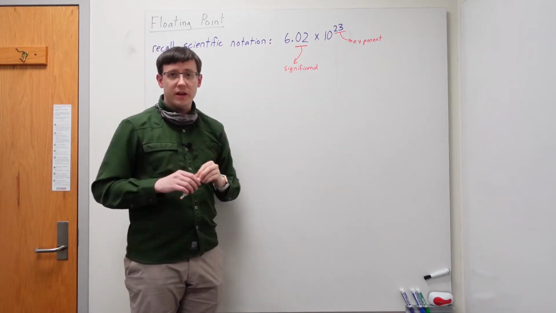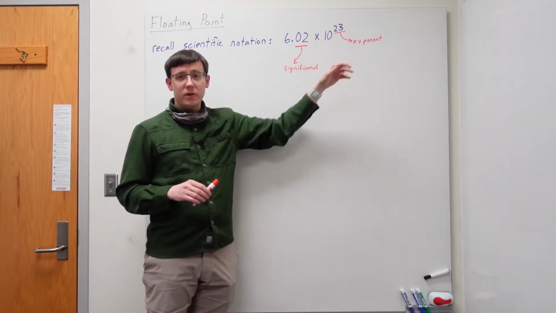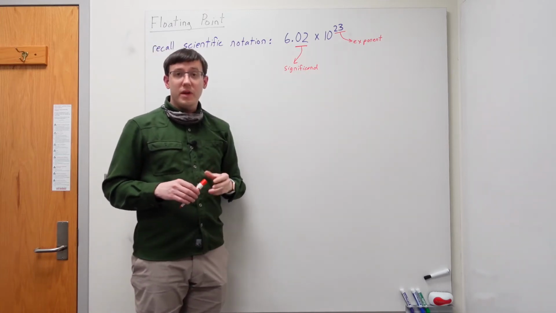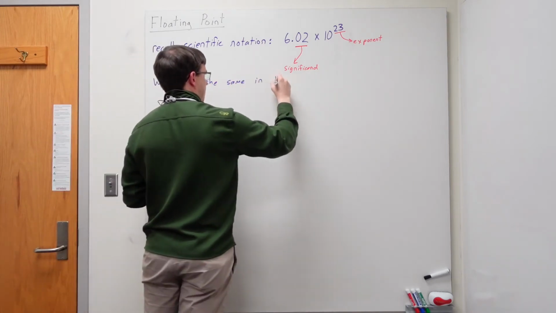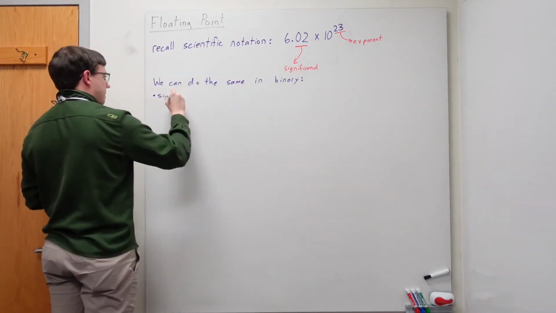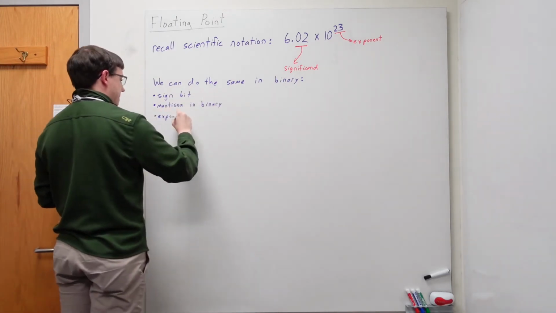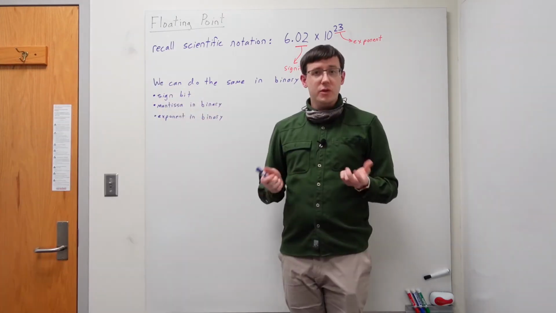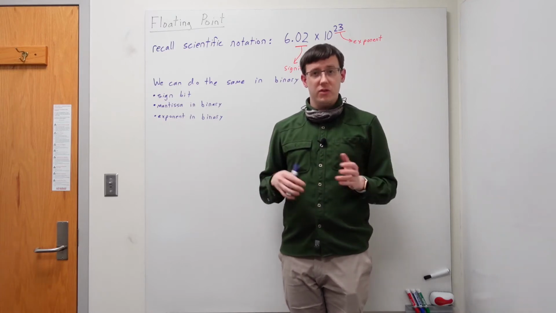The floating point standard for storing real numbers on a computer uses exactly these components, but represents them in binary. As we've seen with integers, floating point numbers can be of various sizes.